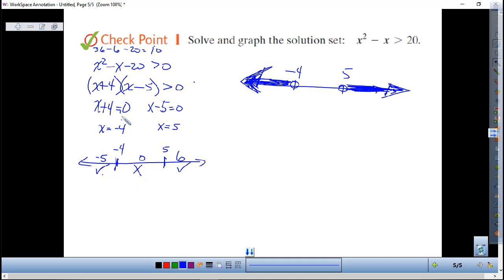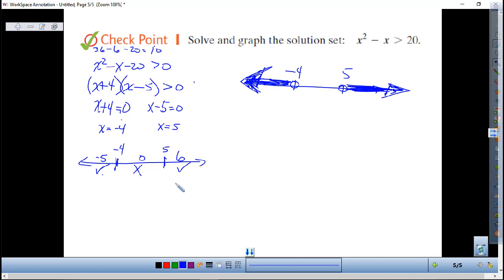Now when I plug in 0, I'm going to get 0 minus 0 minus 20, which is -20, which is not greater than 0, so it's not part of my solution. And the same thing with 6, I plug it in, I'm going to get 36 minus 6, which gives me 30, and 30 minus 20 gives me 10. Still, that 10 is greater than 0, therefore that side over there is part of my solution set as well.